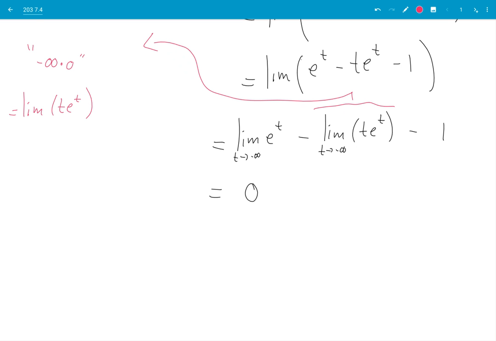I'm going to take it aside and think about it carefully. Now, to use L'Hopital's rule, I need a fraction, right? So I'm going to do a weird thing. I'm going to force this to be a fraction by pulling the e down.